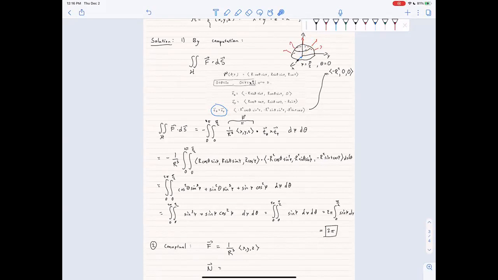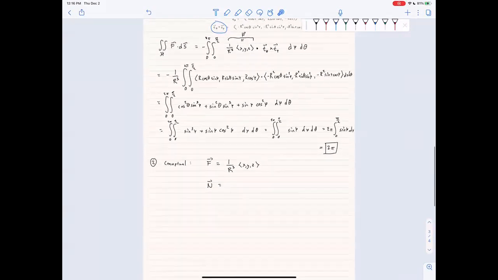Since we know it's a unit norm, it's just the normalization of x, y, z. What is the norm of the vector x, y, z? Remember where we are. We're on the hemisphere of radius r. R.